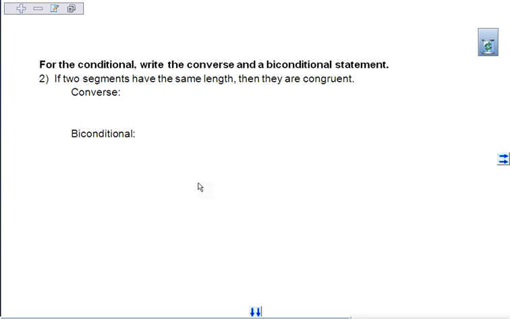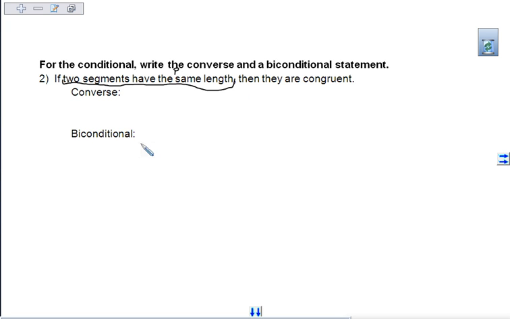Next up, we want to write the converse and biconditional from the conditional statement. So what is the hypothesis of: if 2 segments have the same length, then they are congruent? Our hypothesis is 2 segments have the same length.